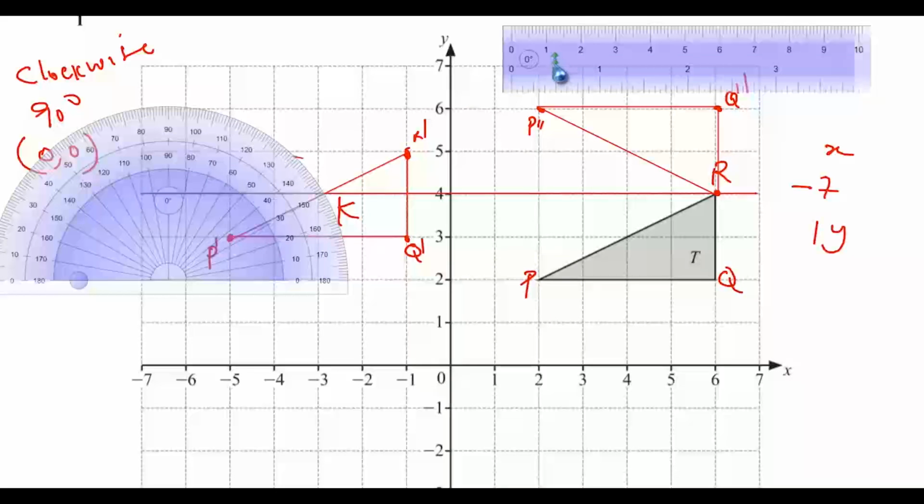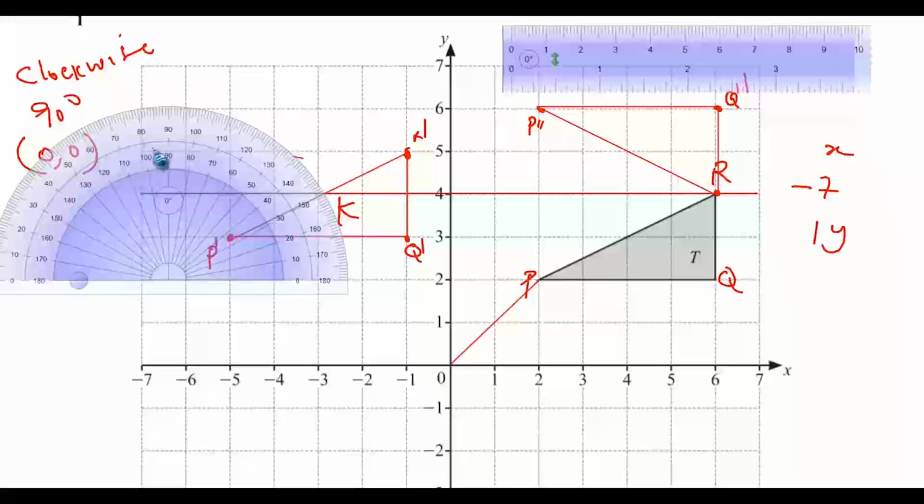So we can draw a line from the center of rotation to point P. So from here we draw a line like this. You need to draw carefully and make sure it is on the line. Okay, I think this is not good enough, so let me redraw this. Yes, I think this is okay now.